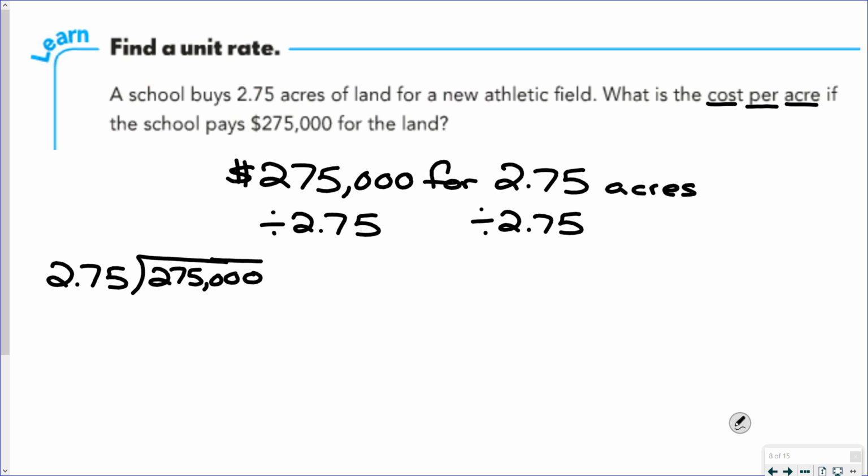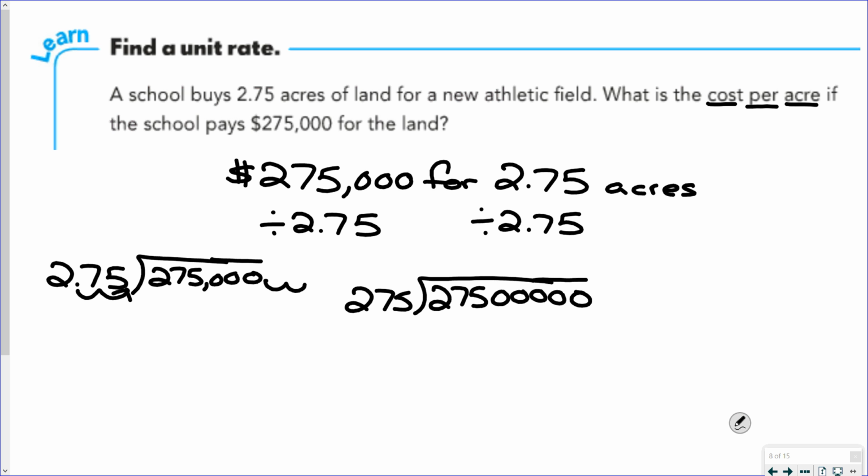You start by moving the decimal point in your divisor to the end. I've moved it 2 places to the right, which means I have to move the decimal point in my dividend 2 places to the right. I rewrite my divisor and my dividend to denote the changes. 275 would go into 275 one time.